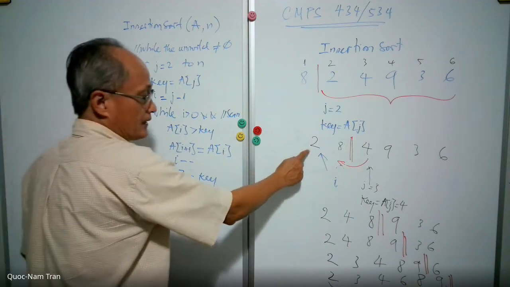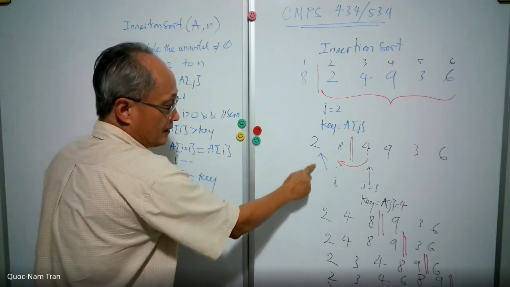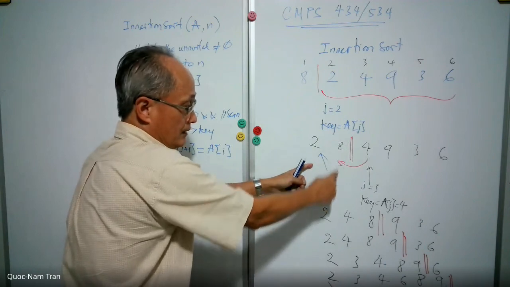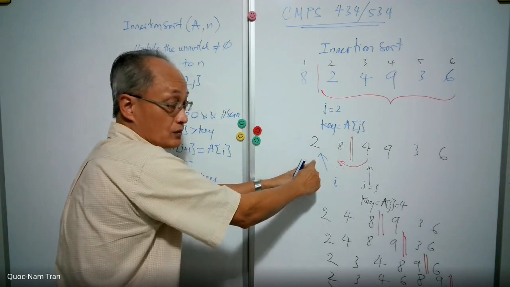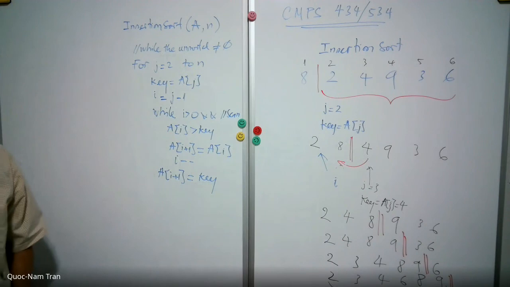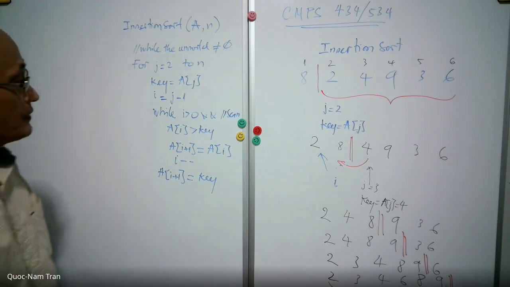But if it's not, then i has already been reduced, meaning i is here. So we have to add 1, so we can insert it at the right position instead of the other one, right? So that's why we have i plus 1. Okay, so that is what we have for the algorithm.